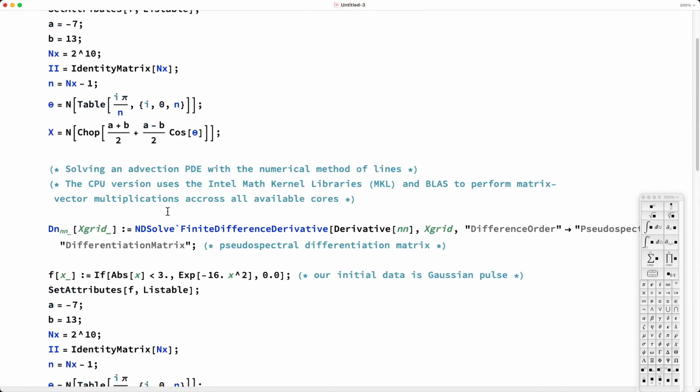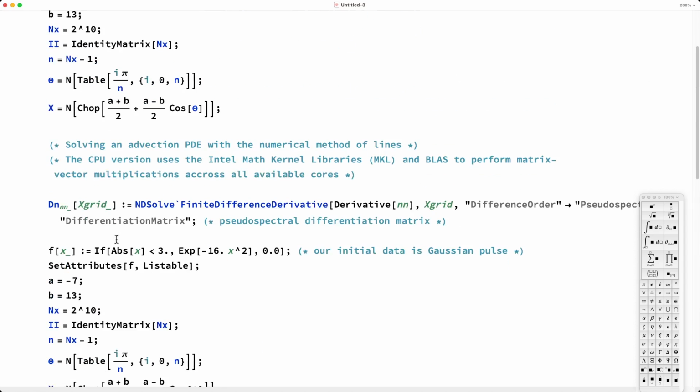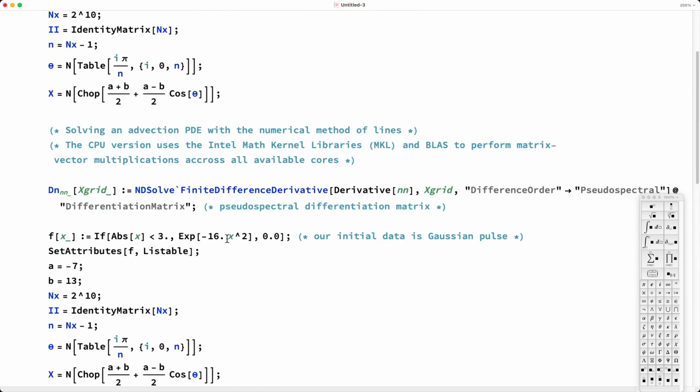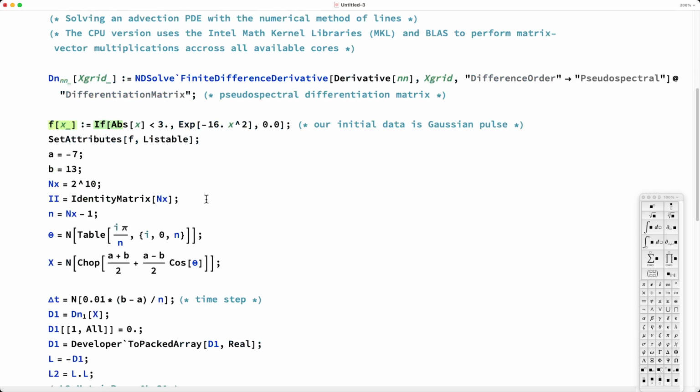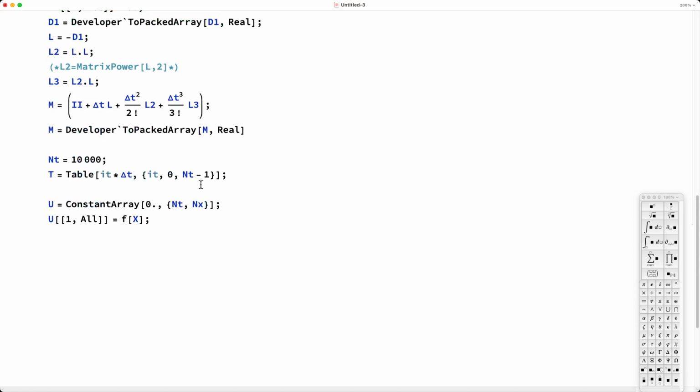So we can see what f of x is. So f of x is simply this function applied to each grid point, and we have to specify the grid points x here.